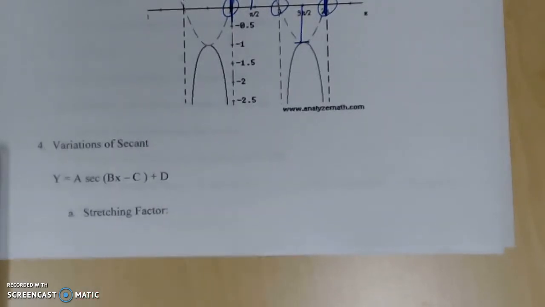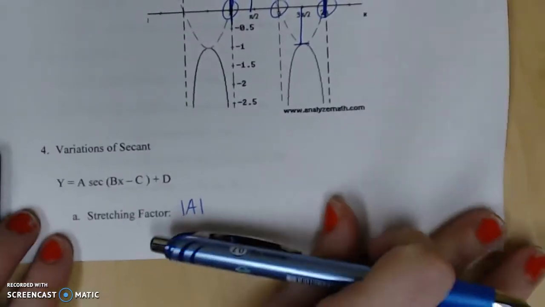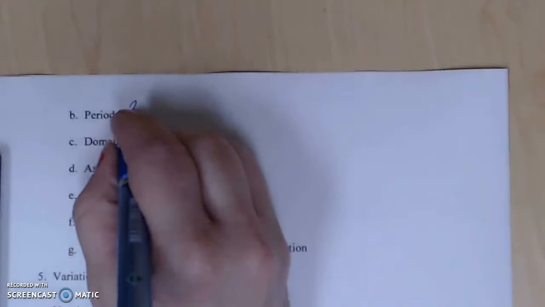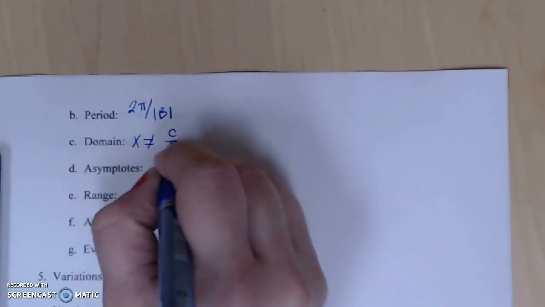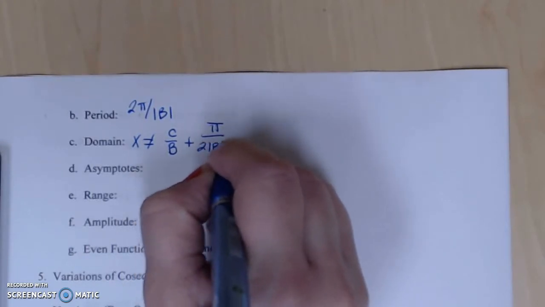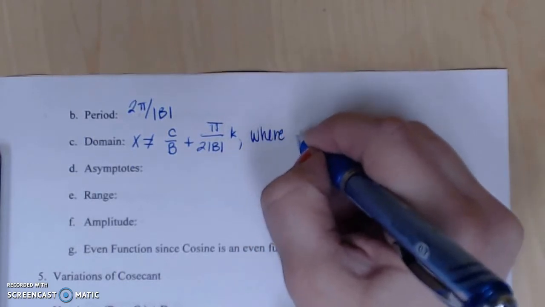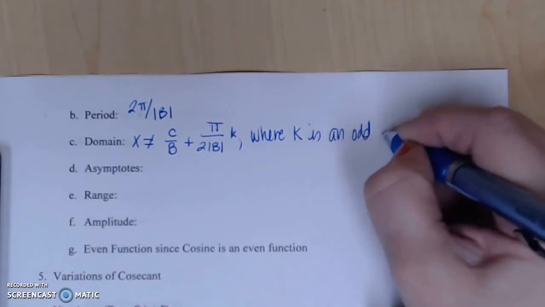Okay, so when we're looking at the variations of secant, we see that the stretching factor is absolute value of A. The period is 2 pi over B. Its domain is x does not equal C over B plus pi over 2 absolute value of B, K, where K is an odd integer.